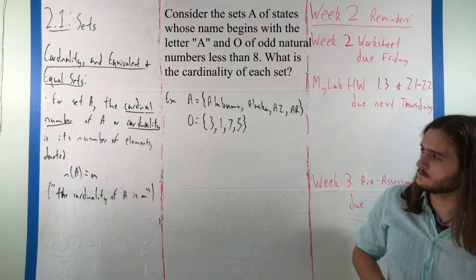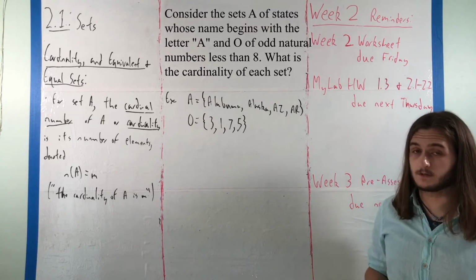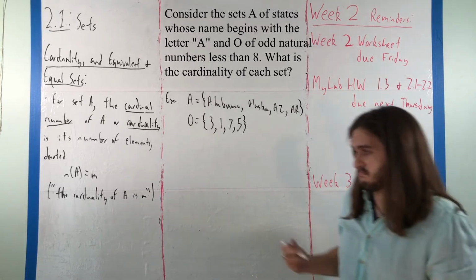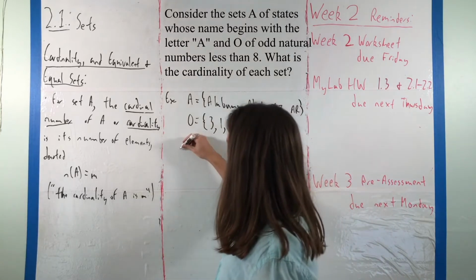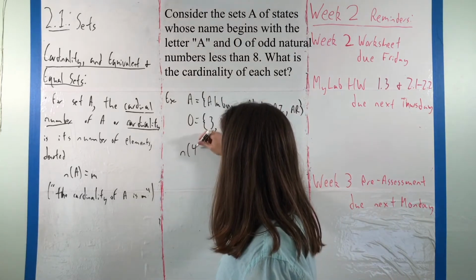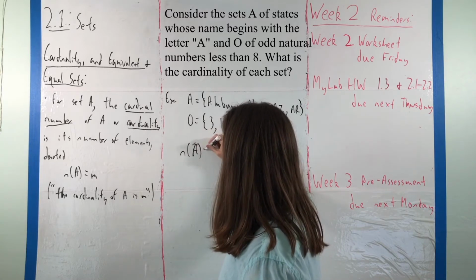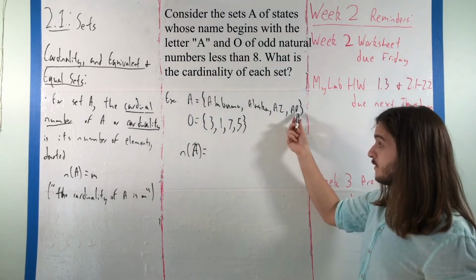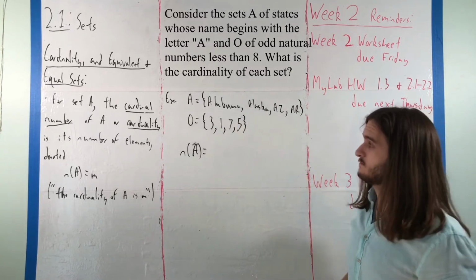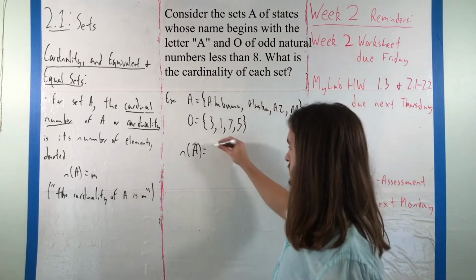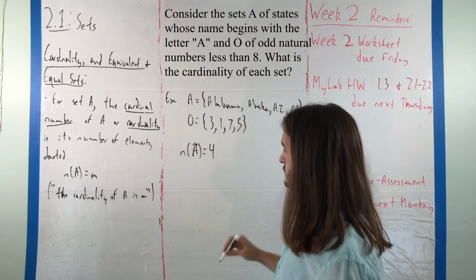So, if we want to talk about the cardinalities of each, we could just say N of A is 1, 2, 3, 4. Cardinality of the set A is 4.